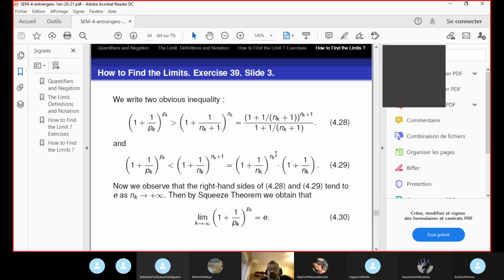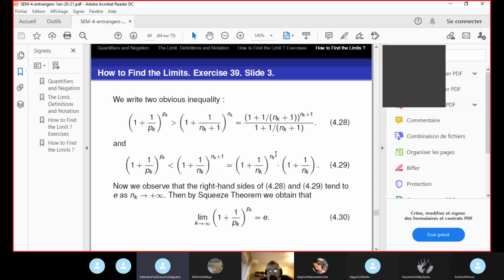So in order to keep the same thing on the left-hand side, I have to divide this value by 1 plus 1 over n sub k plus 1. Is it clear? We have the same thing, you see, Valentina. Yeah, it's clear for me.